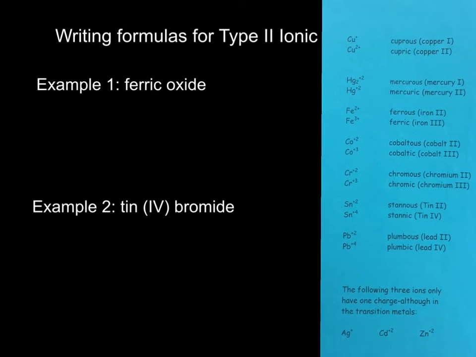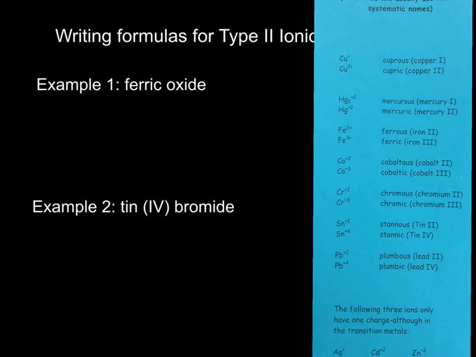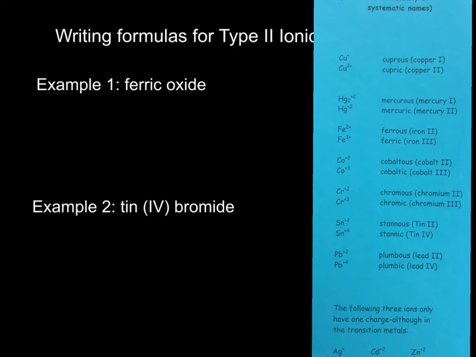So when we take a look here, we have ferric oxide. So here I gave us the Latin name. What we have to do is come over to our list and find ferric. When we find ferric over here, we find out that ferric is iron 3, or iron +3. So that tells us that iron gets a +3 charge. Now oxide, we know comes from oxygen, which is in group 16.